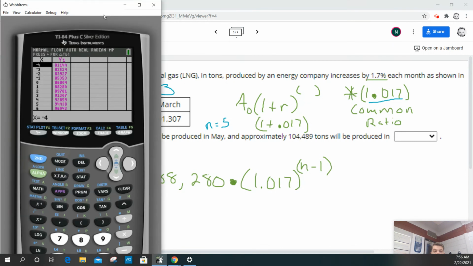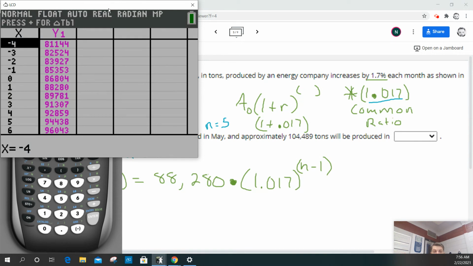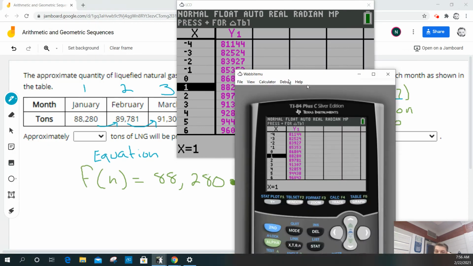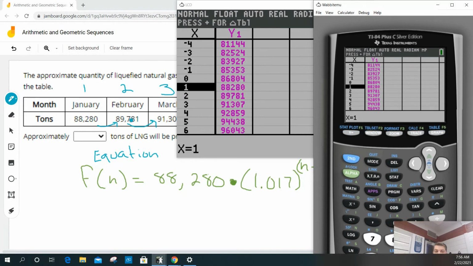And let me zoom in on that so we can see the values. Actually, I've got a better idea. Let me show the screen of this. So what I'm looking for on the first month, which is January, is 88,280.